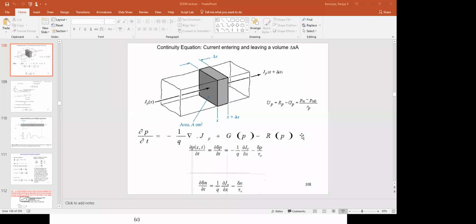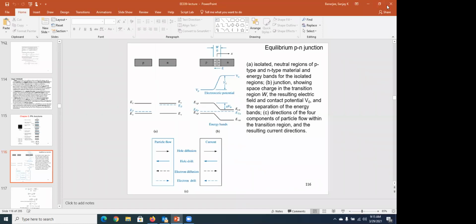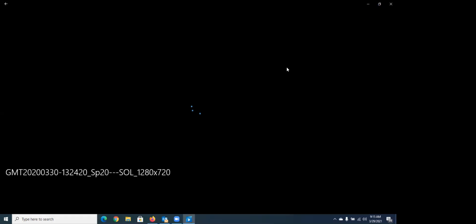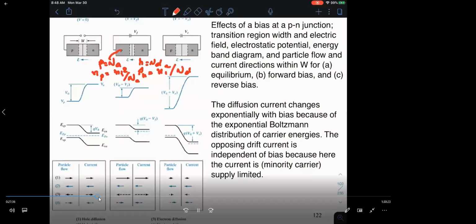So what I'm going to do next is the analysis of the PN junction diode.